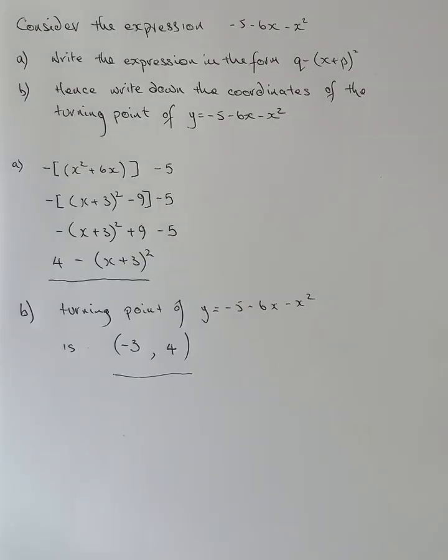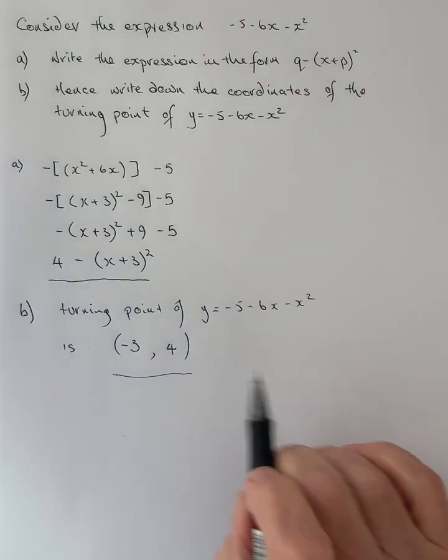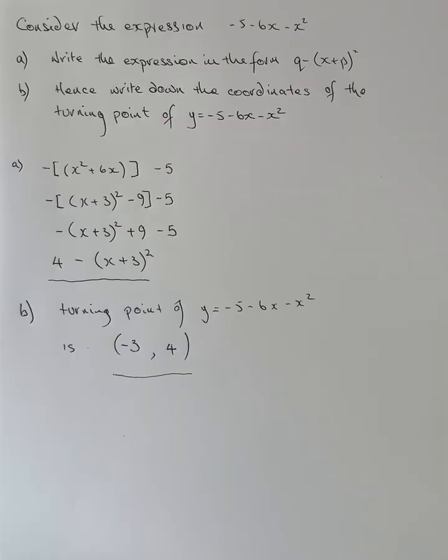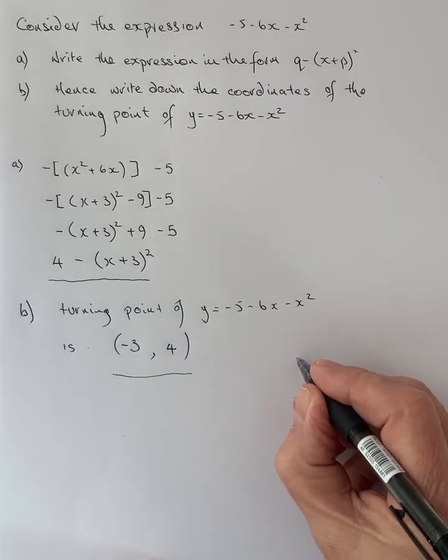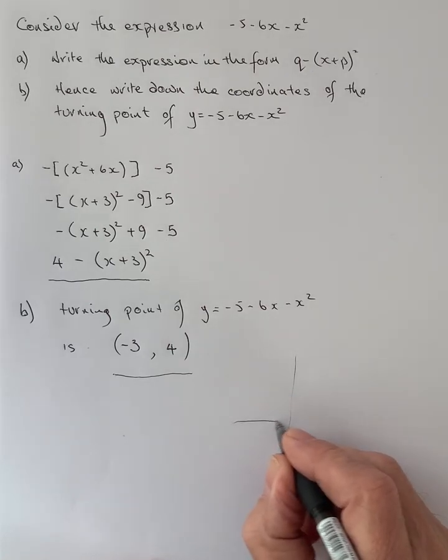If you're not convinced, go on to Desmos and put this graph in there and have a look at the turning point. You will have something that looks similar to this.